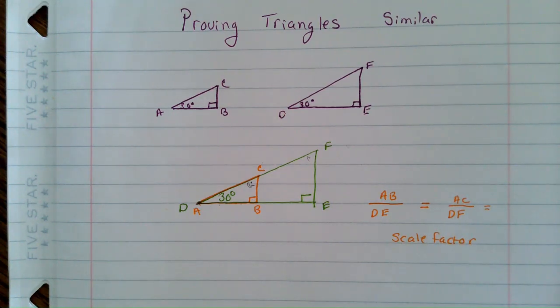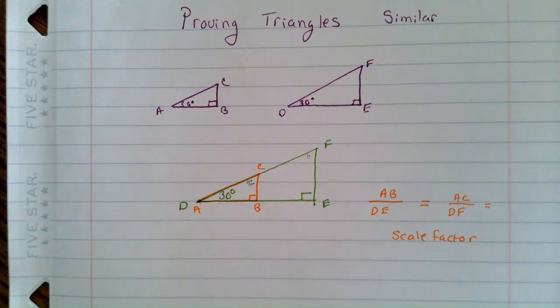So we could go through all of that and we could talk about the similarity based off of angles. So knowing two angles is enough to prove two triangles are similar.